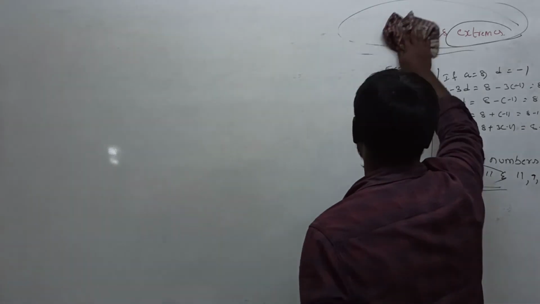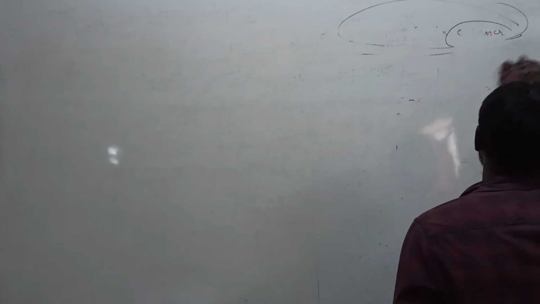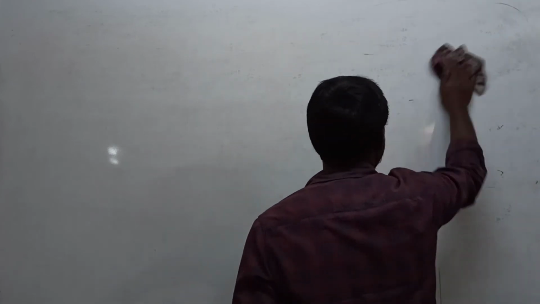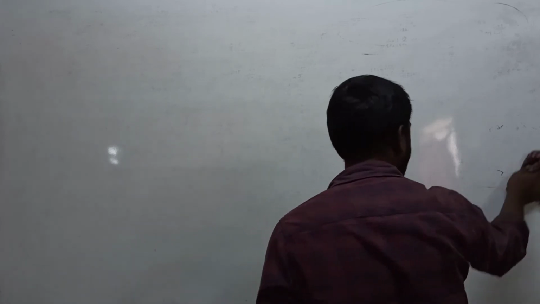Only these 2 note points are important. Next, the fourth note point is very important for the 2 marks question. If a comma b comma c are in arithmetic progression, then 2b is equal to a plus c. According to that condition, we have solved the problem. Fourth question: these are the 2 marks questions.